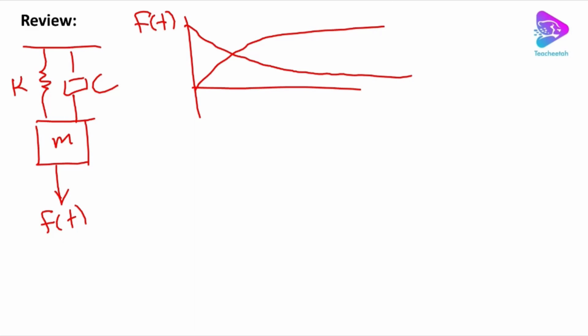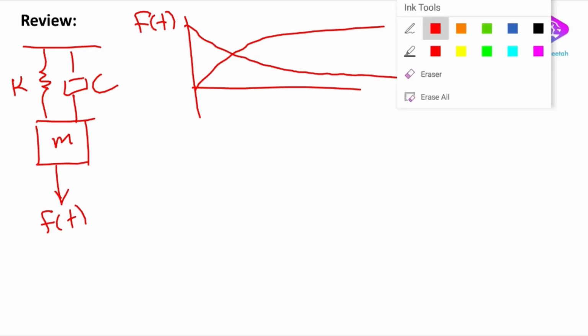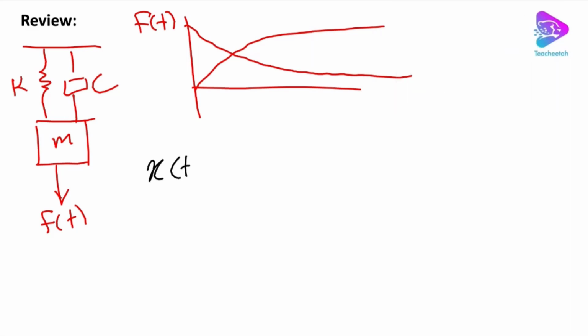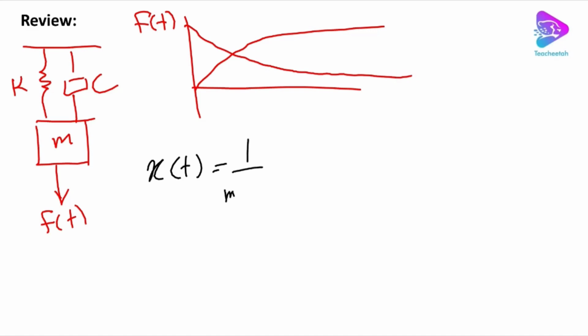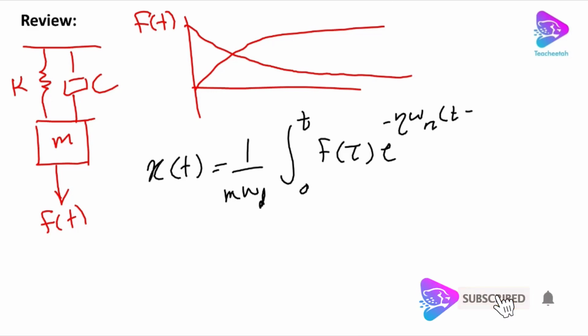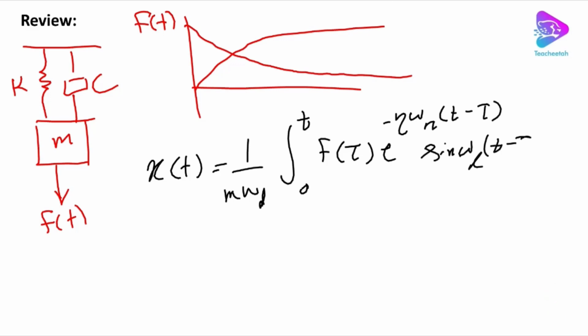For these types of cases, the response of the system, x(t), is equal to 1 over m omega_d, the integral from 0 to t, where t is the upper bound that makes the final response a function of t, of F(tau), where tau is the variable of integration, times e to the minus zeta omega_n (t minus tau), times sine omega_d (t minus tau), d tau.